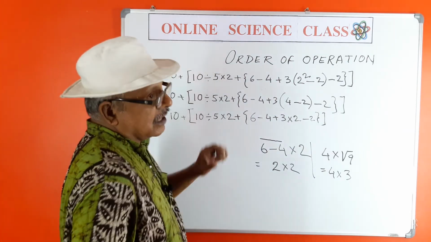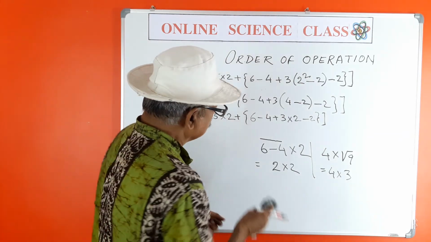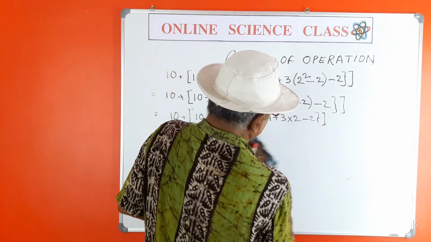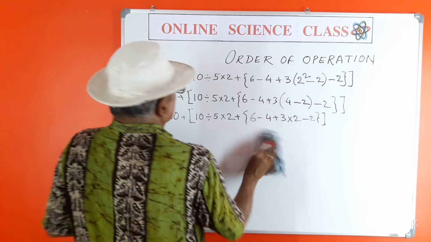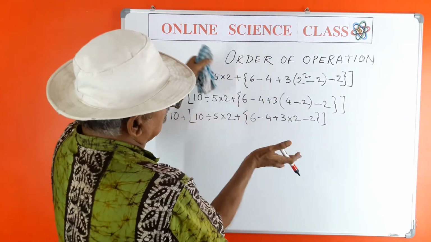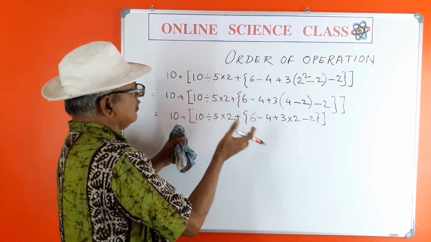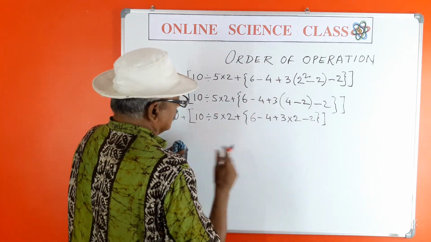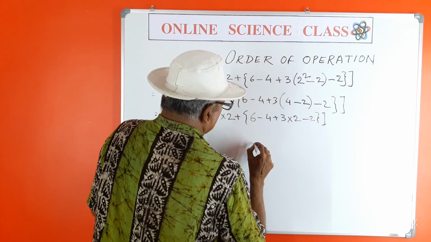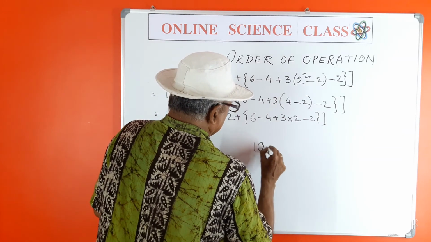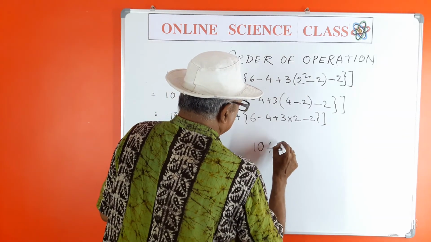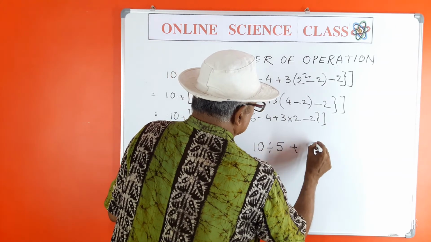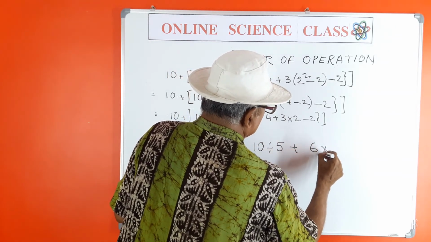Also, this can be done simultaneously, so as to minimize the number of steps, like say 10 divided by 5 plus 6 into 3.